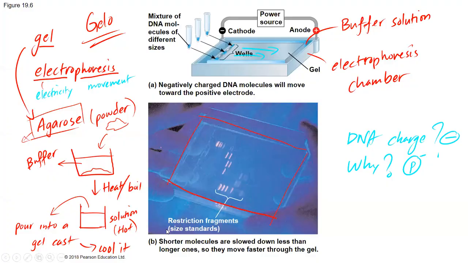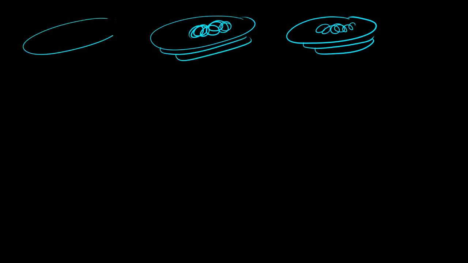So if I want, let's say, to differentiate the bacteria that will have the plasmid from the self-ligated plasmids from the bacteria that do not have the plasmid.